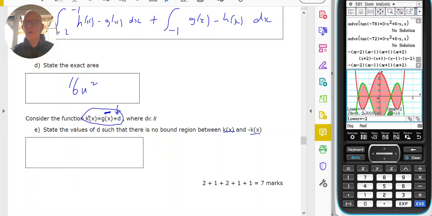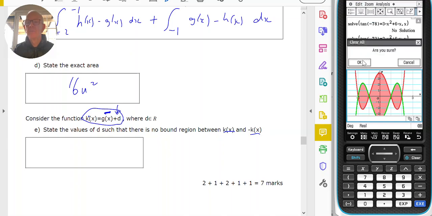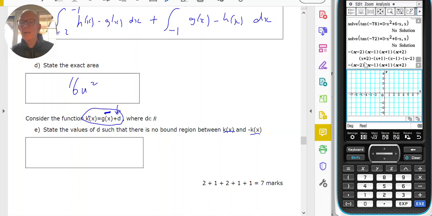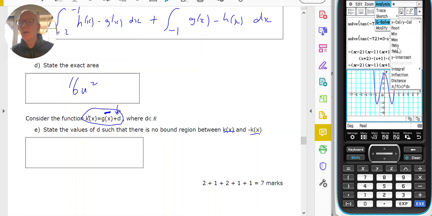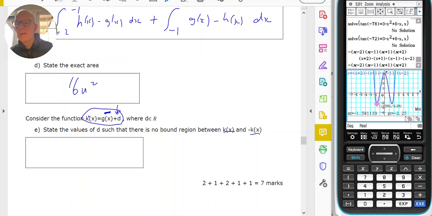So I'm wanting to find what is the y value of the turning point of this lowest section. So I might go edit clear all, and I will just take this expression here, and I'm interested in g-solve f-min, and the f-min is -2.25.